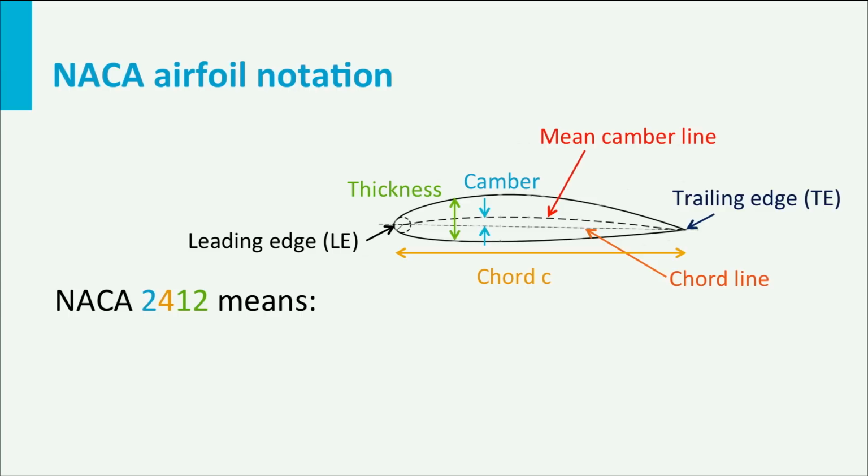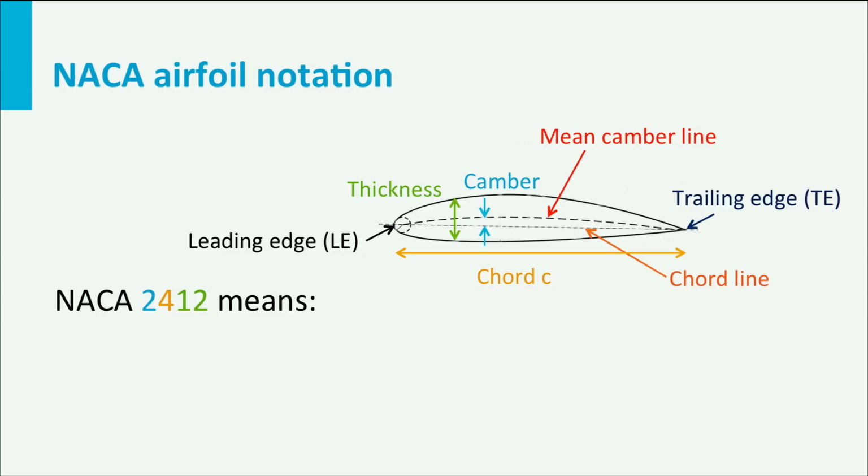In the figure, you can see a number of features of an airfoil, like the positions of the leading edge and the trailing edge, the chord line and its length, the profile thickness and the camber. Some of the dimensions of these features are represented in the NACA number. Note that all dimensions are expressed as percentage or fraction of the chord length.